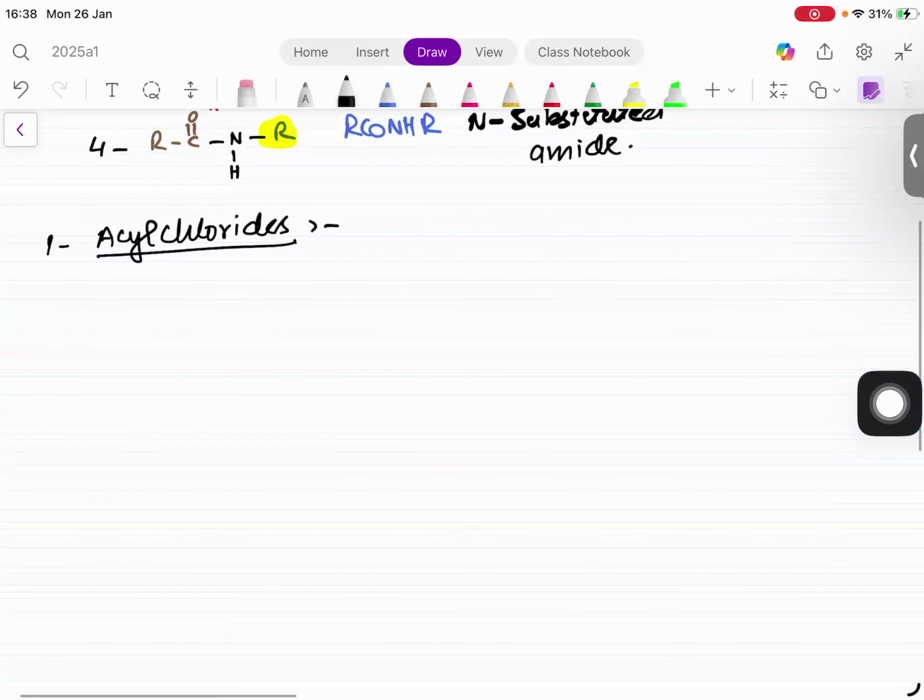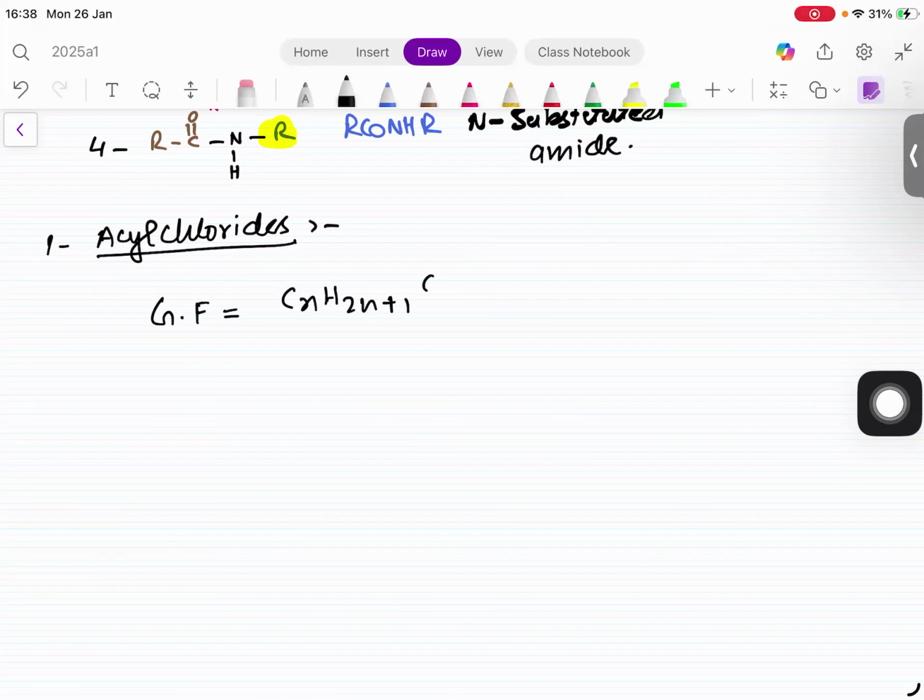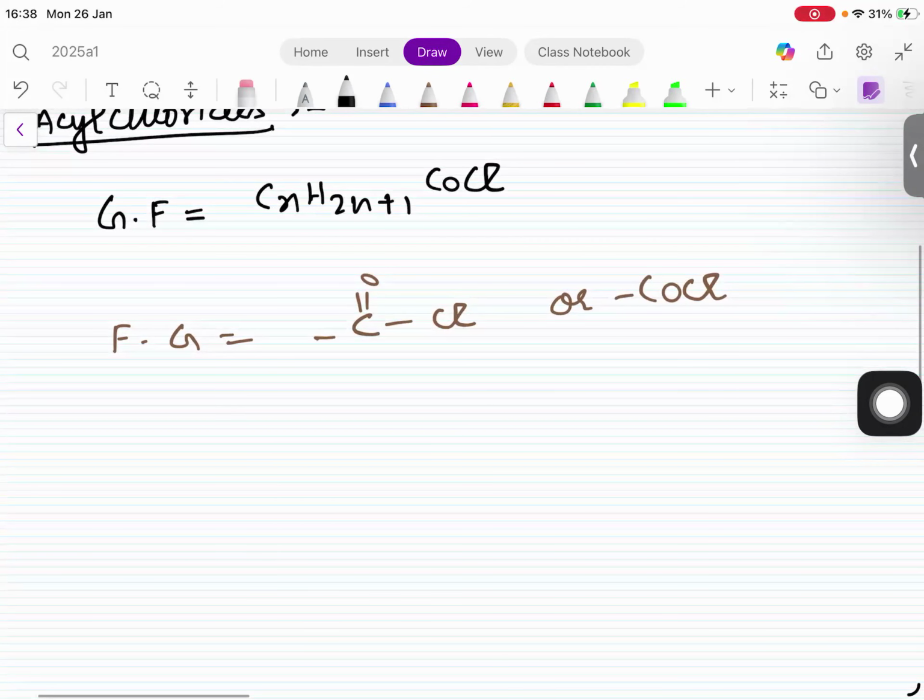Acyl chlorides, as you can see, the general formula is CnH2n+1COCl. The functional group, as you can see, is CO and then Cl, or COCl. The first member can't have one carbon.